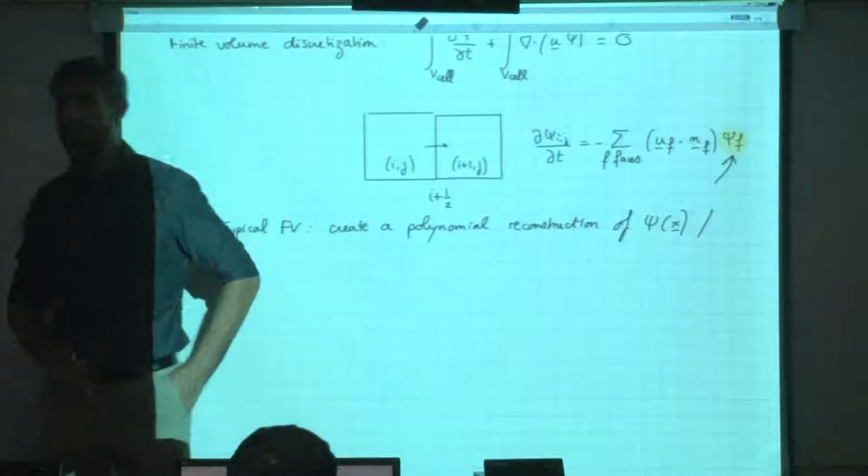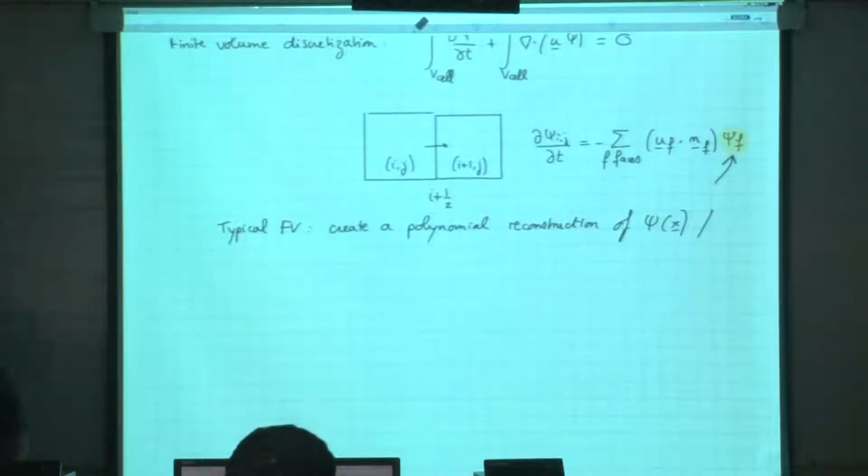So this is enough if you're at second order accuracy. So you would say such that psi of position x_ij is equal to the cell value psi_ij. This is your x_ij.